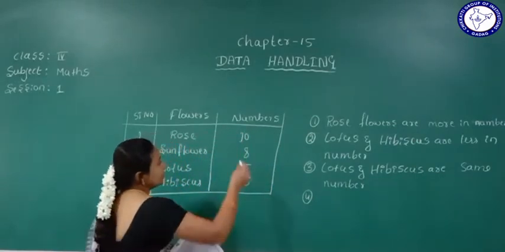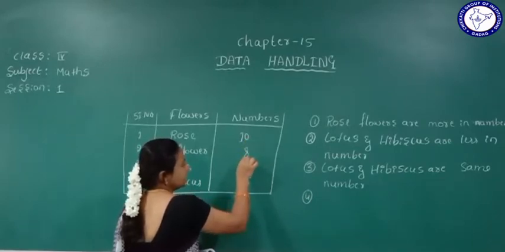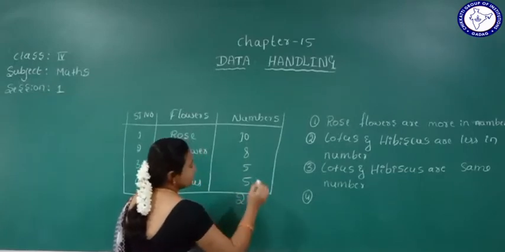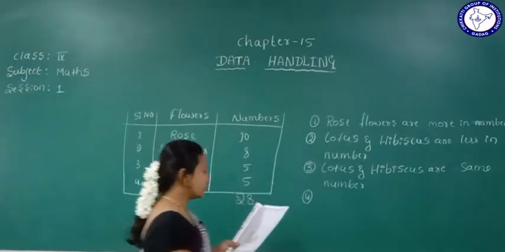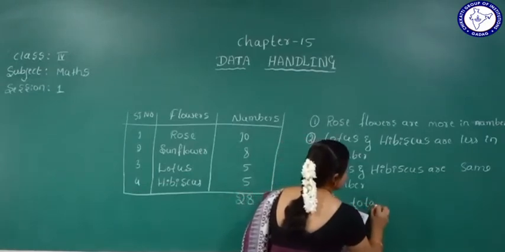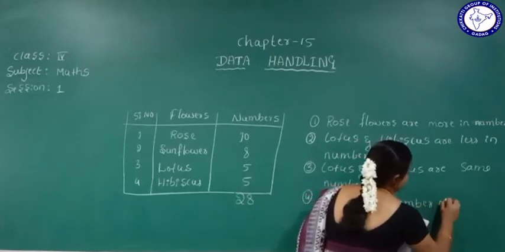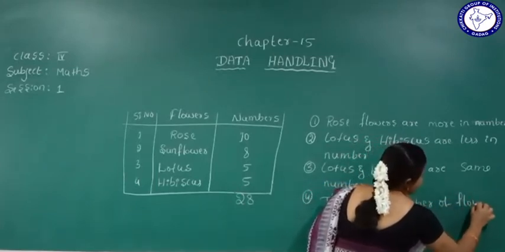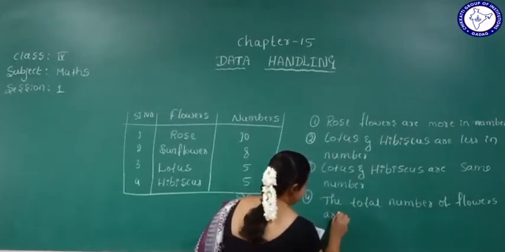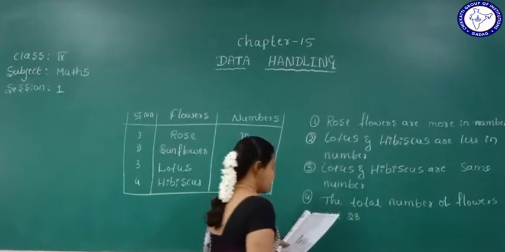So 10 plus 8 is 18, 18 plus 10 is 28. The total number of flowers is 28. Understood this one?